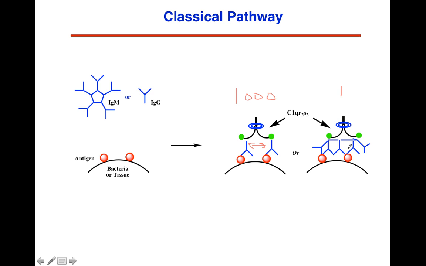IgM is big and it can bind across several different distances because it has all these binding sites, and its FC region potently binds to C1q. There's a much higher probability that it will bind, as opposed to IgG having the right distance to expose the platform for C1q.